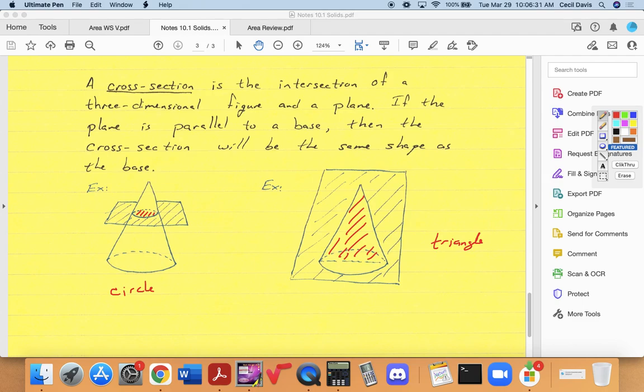So if I was to take a cone and this was solid, and I was to cut it straight down from the top, do you see how it would go across the bottom like that, and the two sides would be like this? So when you take it apart and look at the inside part, what does that inside part look like? So it's just going to be that triangle. Okay? Any other questions about this?